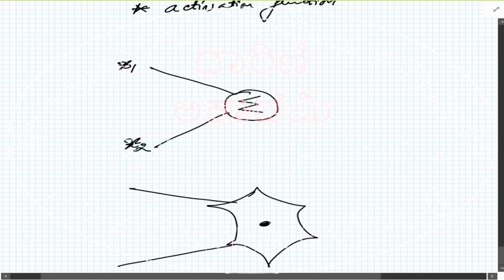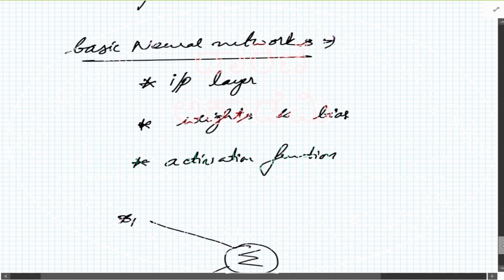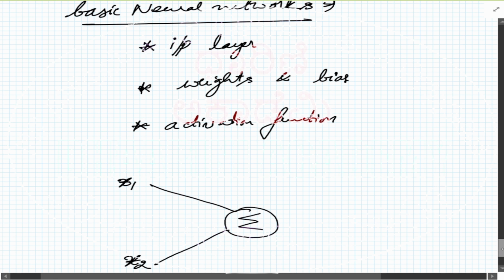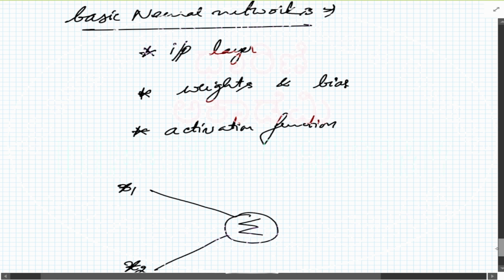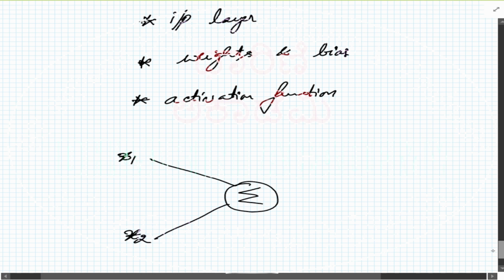The input layer, which I already wrote at the top, is the input values. After the input values, you need the weights and the bias. That's the next component. The weight will be multiplied with each of the inputs, so w1 x1, w2 x2.